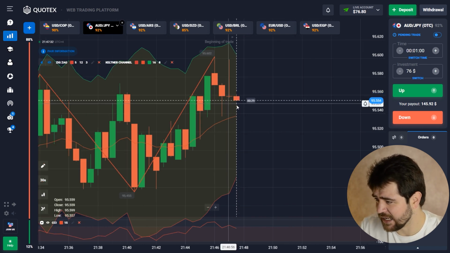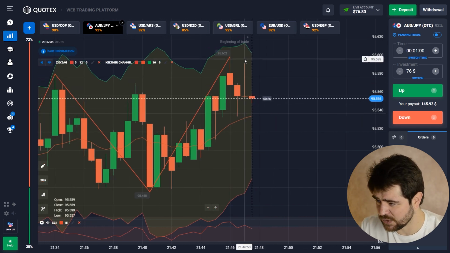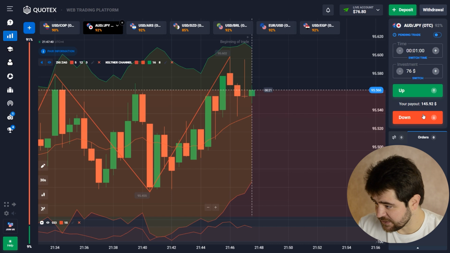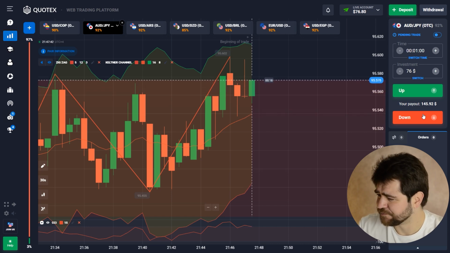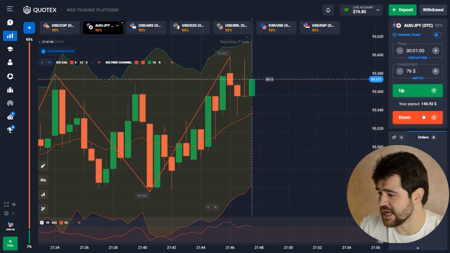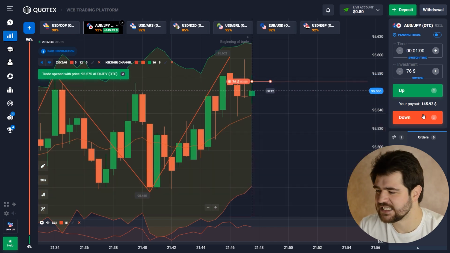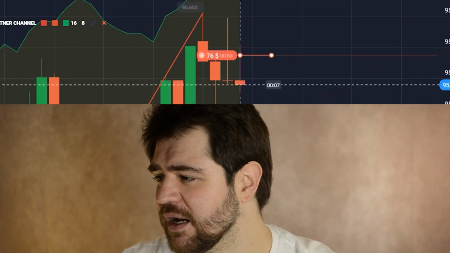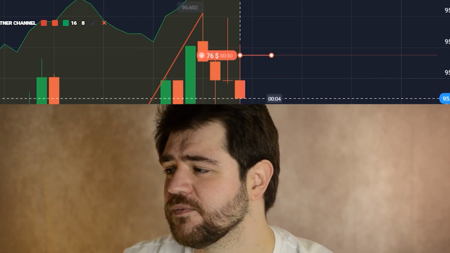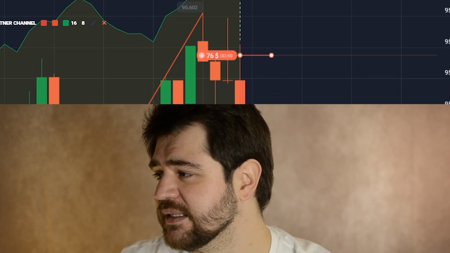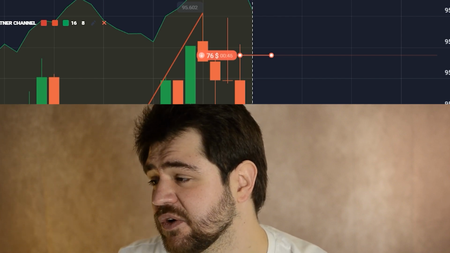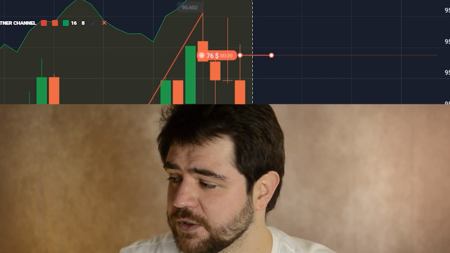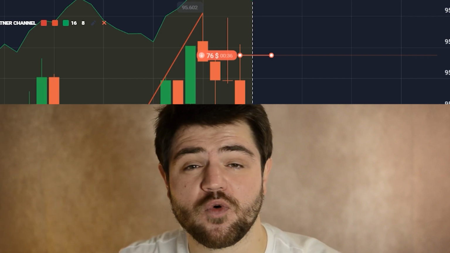Let's move on, and now $76 for 1 minute we're gonna put. Right, so I'm gonna go with a put option here, because as you can see, what's happening here is that we are reaching this resisting zone with various levels, the channel top lines and zigzag and etc, and also the pin bar just before we made the option.